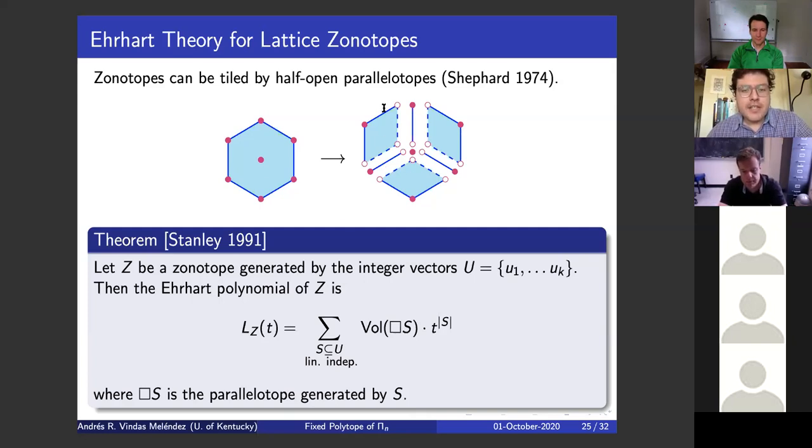And so essentially what we're doing is enumerating, giving us the volume for each of these half-open parallelotopes, okay?